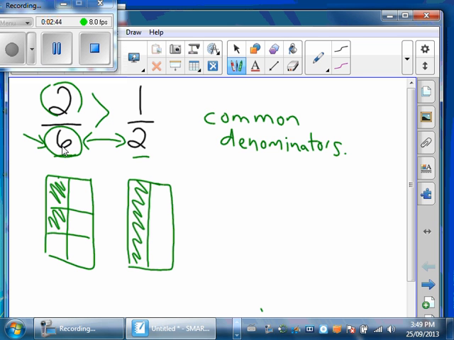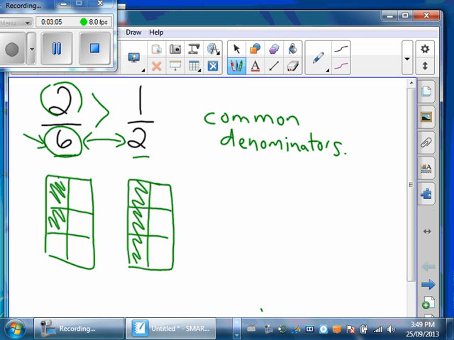So if we first take a look at this, we can see that this is broken up into 6 parts. Well, we can quite easily break this one up into 6 parts just by drawing in a couple more lines. And so now these shapes have the exact same amount of parts. Now we can just count how many of those parts are in fact shaded.